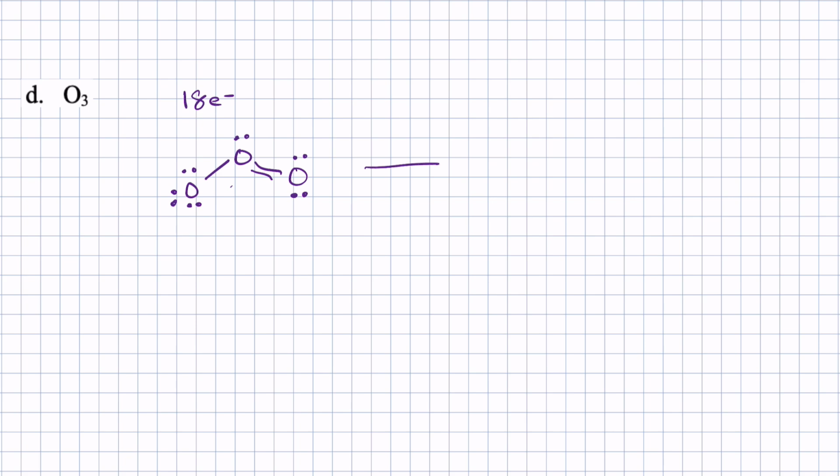We've got a resonance structure here where we can draw the double bond on the other side. And again, what that means is that in nature, the actual molecule is an average of these, and that means that these bonds are going to be the same.